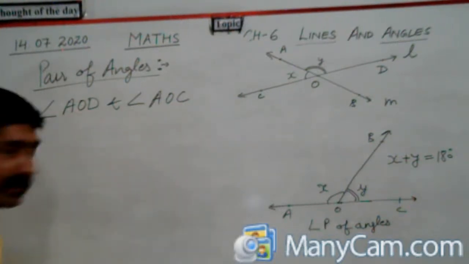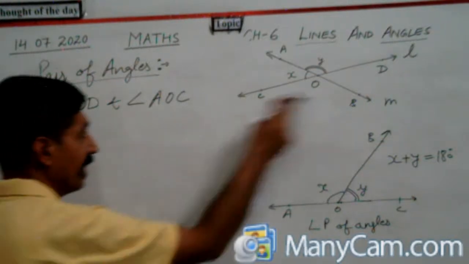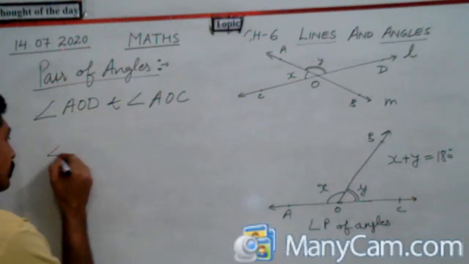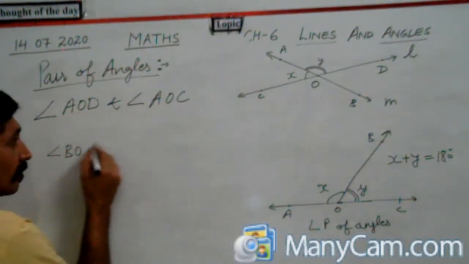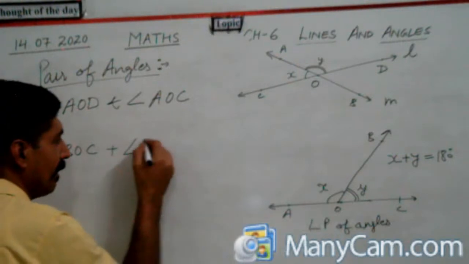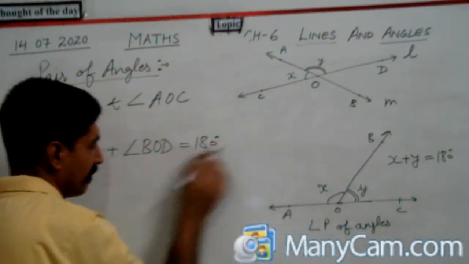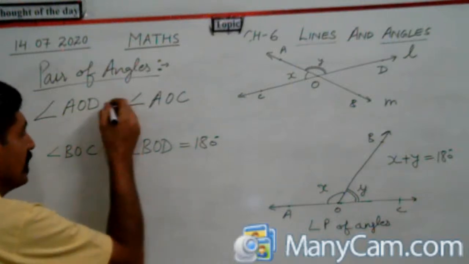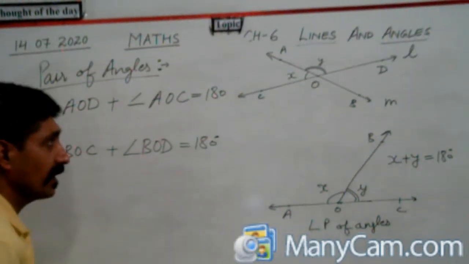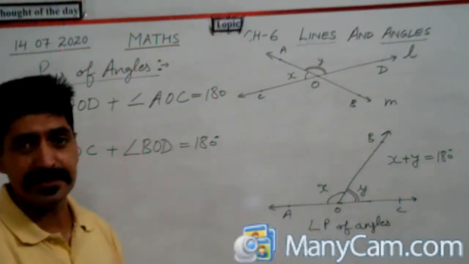Their sum is what? 180 degrees. Similarly, we have angle BOC and BOD. Angle BOC plus angle BOD is also 180 degrees. You will say these two angles are a linear pair. They are even called supplementary angles, right?